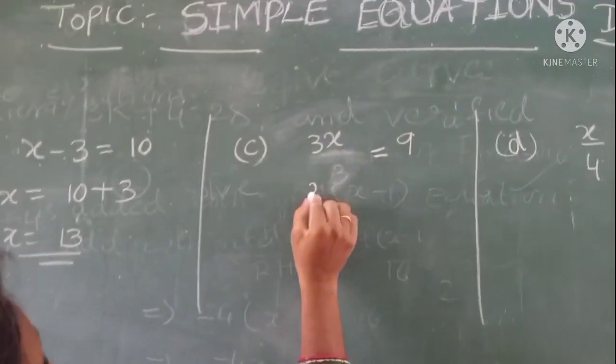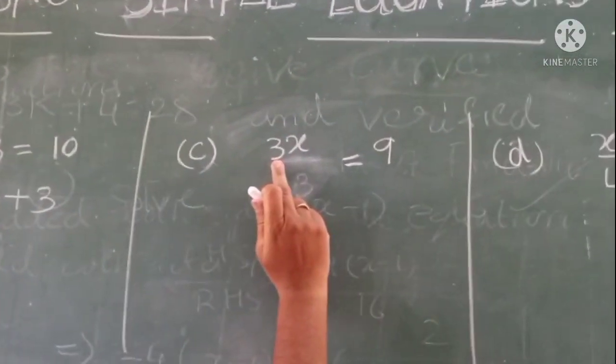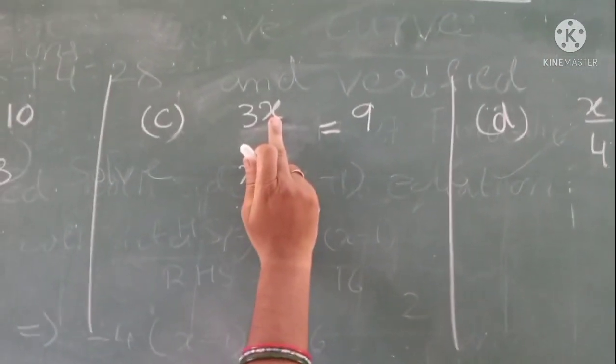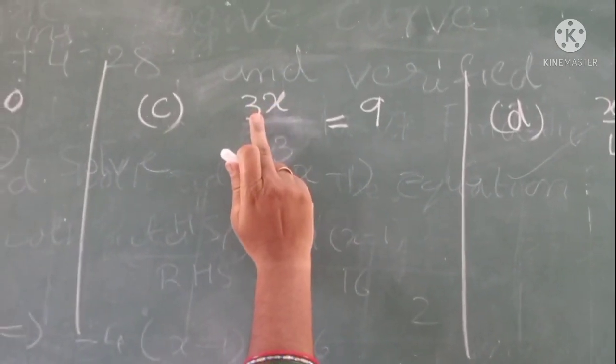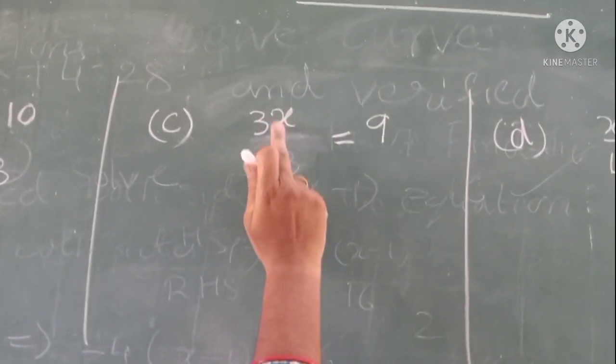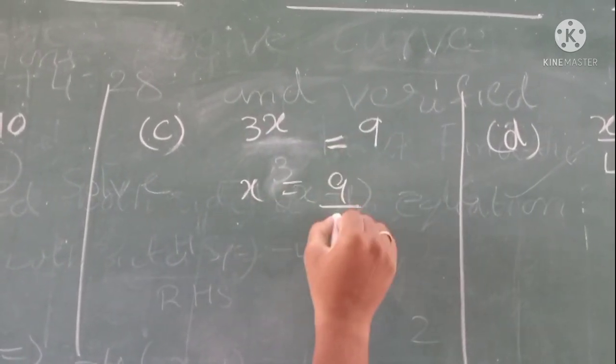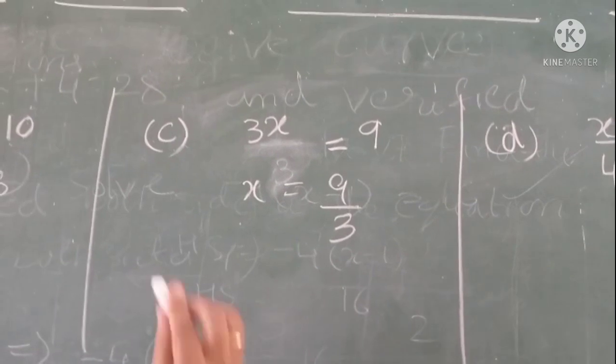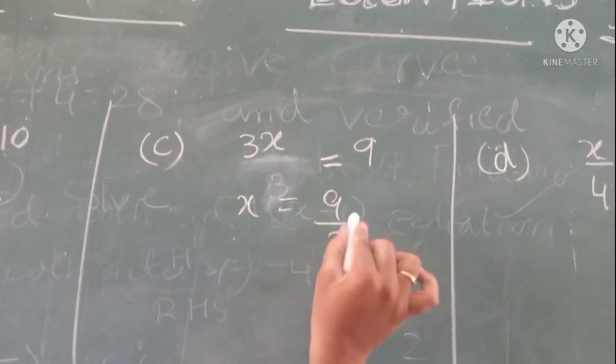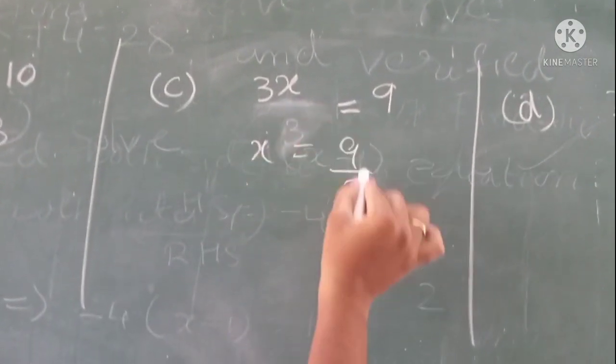In this way, 3 is multiplied by x, but it can be changed to division on the other side of the equals sign. A multiplication quantity becomes a division.